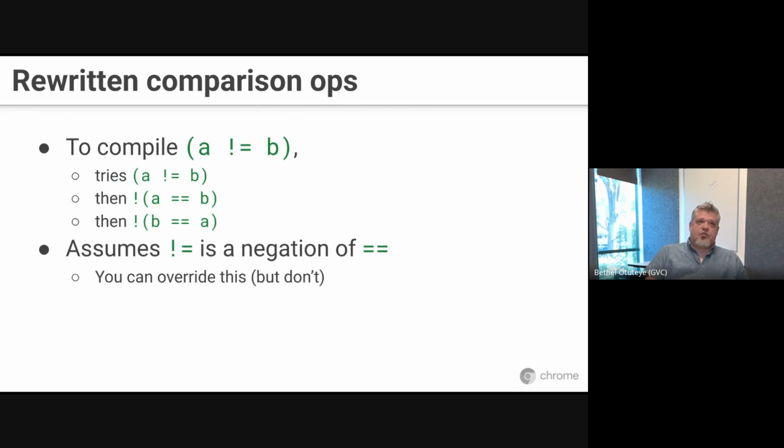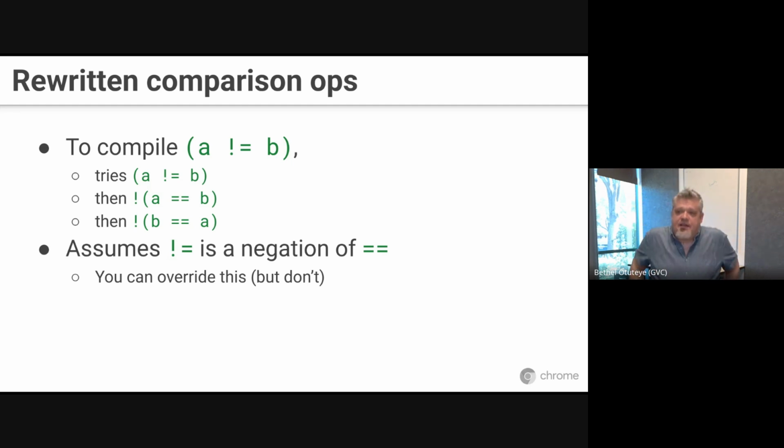So the way that this works on the compiler side is to compile a not equals b, the compiler will try what you wrote. Then it will rewrite the not equals as the negation of equals and try that. And then if that doesn't work, it will also apply reordering and try that. So there's lots of fallback here, but there's a strict order.